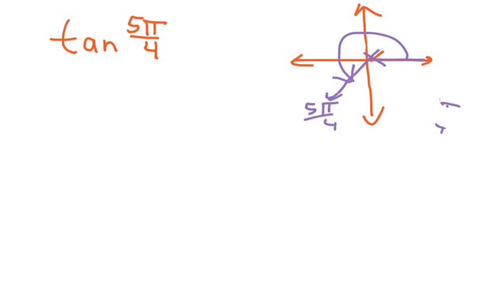I need to know my x and y value. I know that's a 45 degree and that these are the same. And I also know in quadrant 3, x and y are both negative. So my x and y is negative root 2 over 2, comma, negative root 2 over 2.